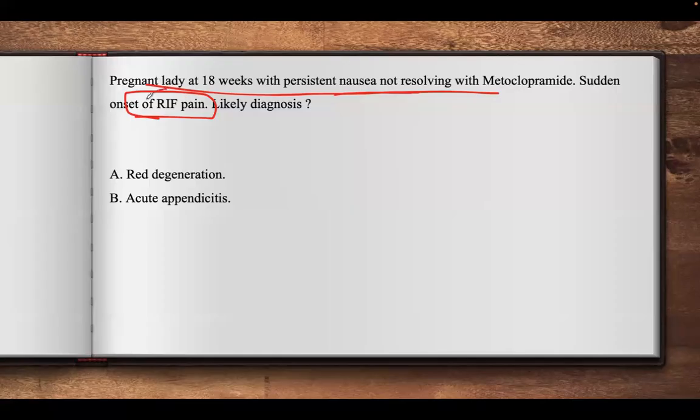And if you think about right iliac fossa pain especially, it can give you more clues about acute appendicitis. Red degeneration might be the cause of nausea. It is a cause of pain, but not right iliac fossa pain. So bits and pieces are missing, but most likely this question is going more towards acute appendicitis, not red degeneration.